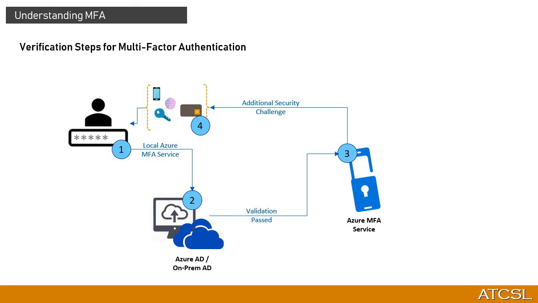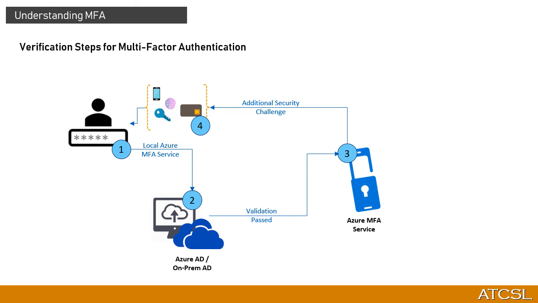Then the Azure Multi-Factor Authentication Server sends an additional challenge to the user for verification and validation. We discussed this. It can be through any means which has been set up, like a phone call to the registered phone of the end user, text messages to the user's mobile phone as SMS, a mobile app notification which asks the user to complete the verification by selecting Verify in the mobile app, or a mobile app verification code, which is a 6-digit code sent to the user's mobile app.